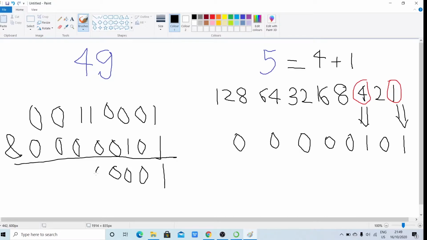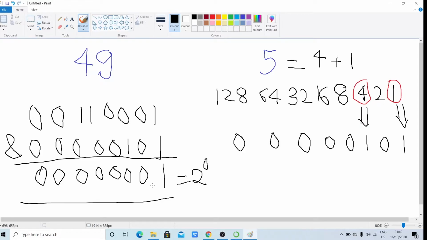So 0 0 0 0 0 and 0. Hence 1, which is also 2 power 0. 2 power 0 is nothing but 1. So when we find the bitwise AND for 49 and 5, we would get the value 1.